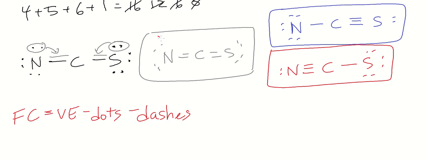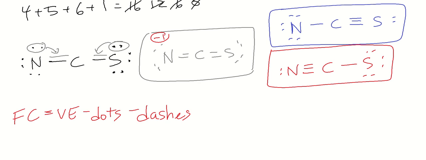So for this nitrogen, you do 5 valence electrons. Nitrogen has 5 valence electrons minus the 4 dots, that's going to give you 1, minus the 2 dashes, that's going to give you -1. So the formal charge on the nitrogen right here is going to be -1.